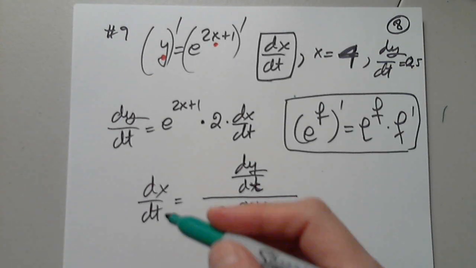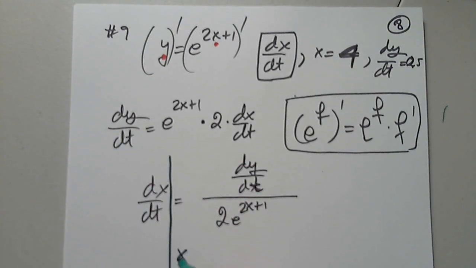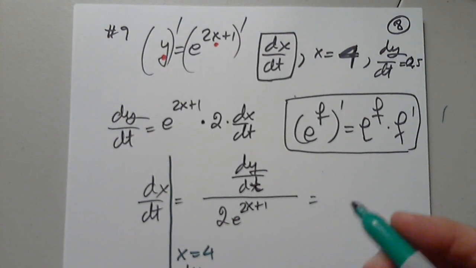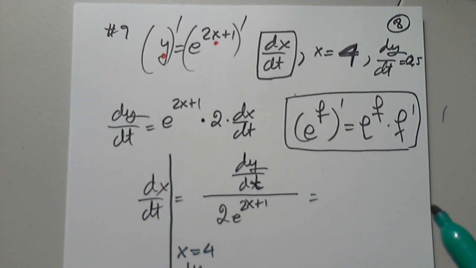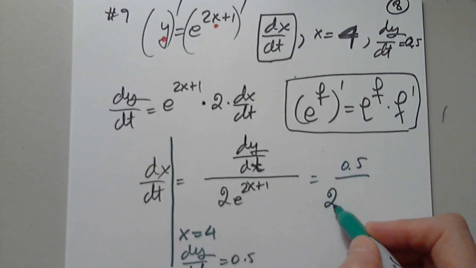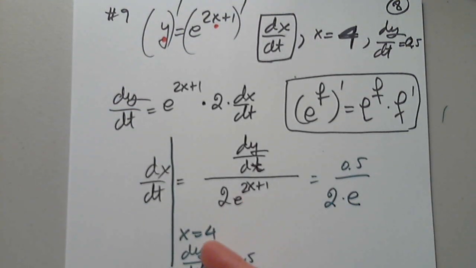So therefore, when x is 4, dy over dt is 0.5. So the top, 0.5. The denominator, 2 times e. 2 times 4 is 8. 8 plus 1 is 9.